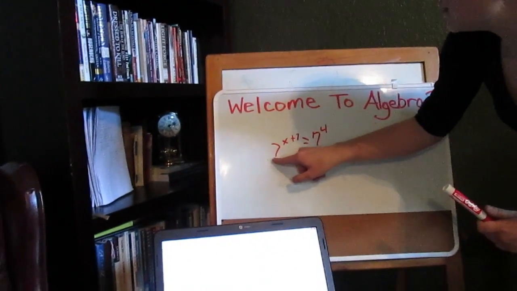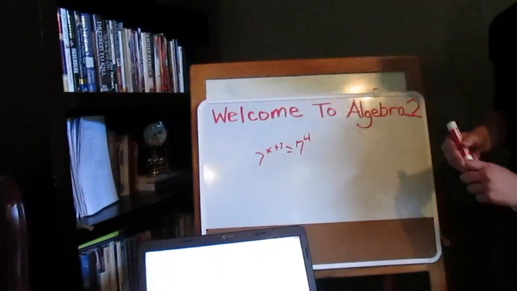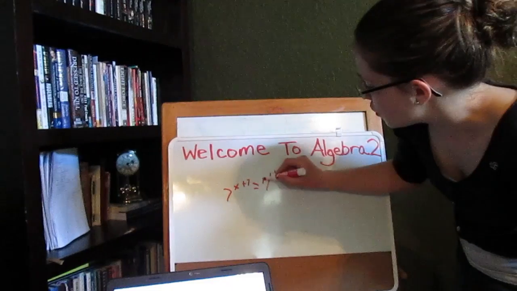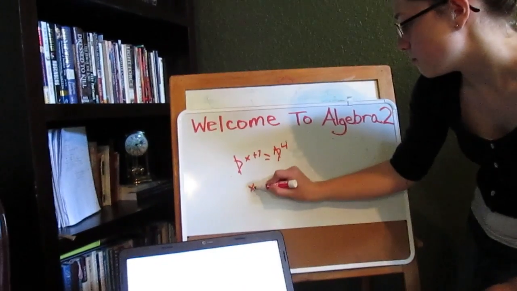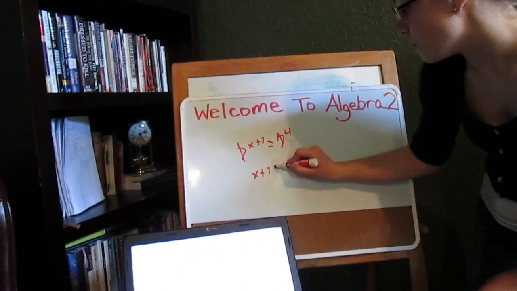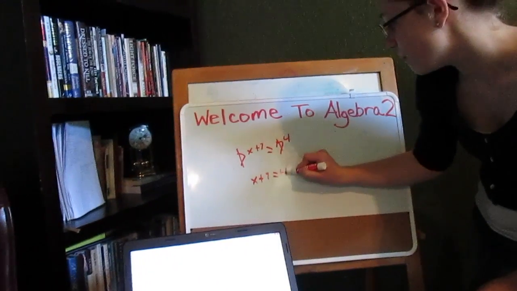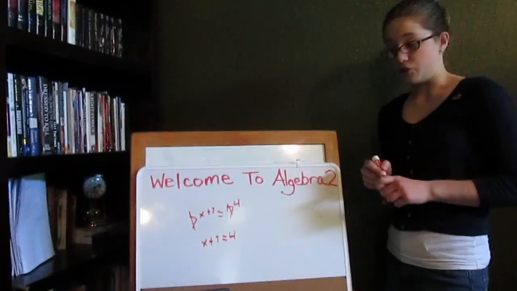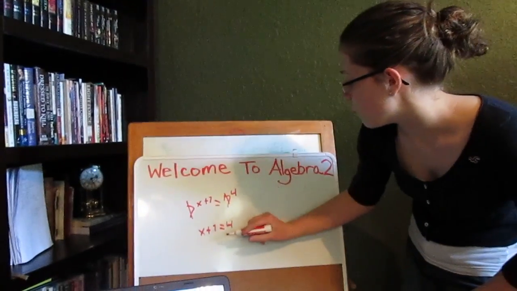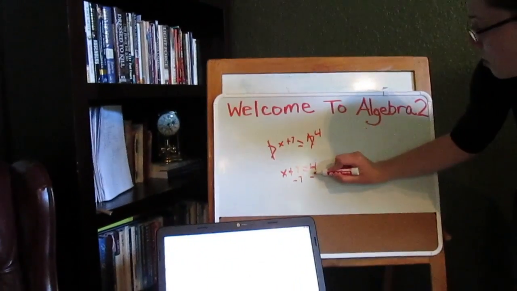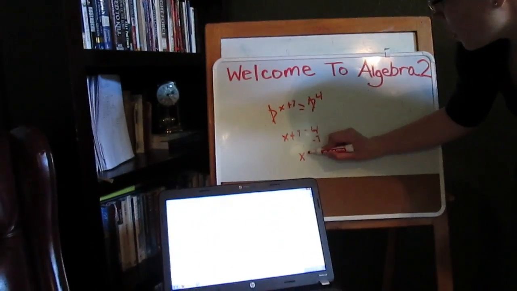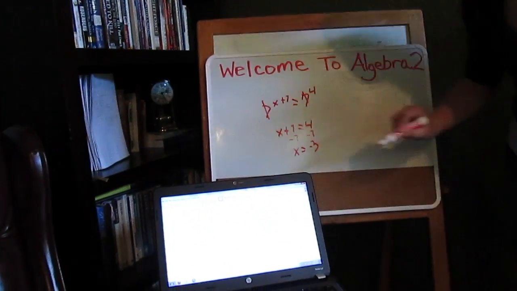Now, the bases, both 7, are equal. You can eliminate the bases and are left with the exponents. X plus 7 equals 4. This is much easier to solve than what it looked like before, and you simply solve it by subtracting 7 from both sides and are left with the answer x equals -3.